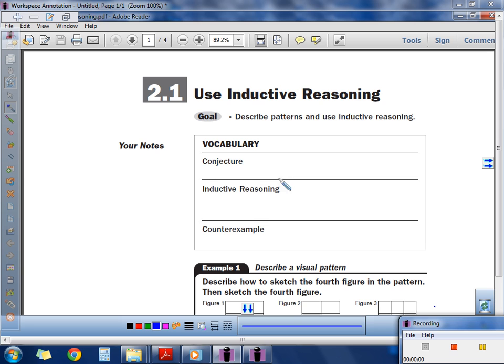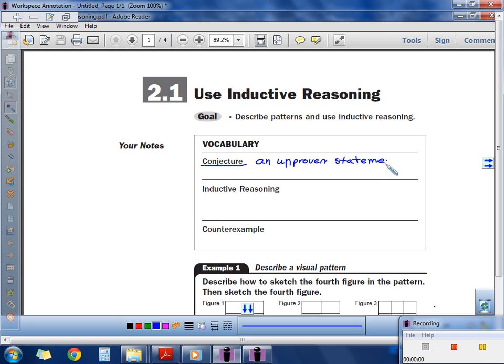First little term we have to discuss is conjecture. Who can tell me what conjecture is? An unproven statement. Good call. It is basically a hypothesis.